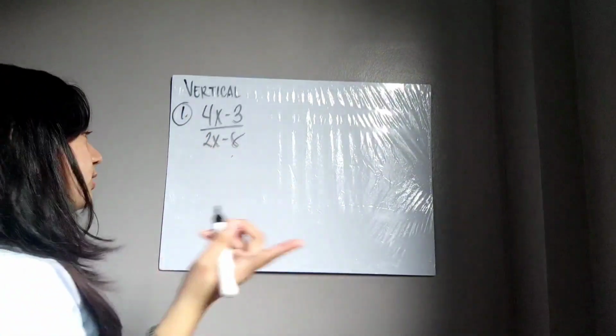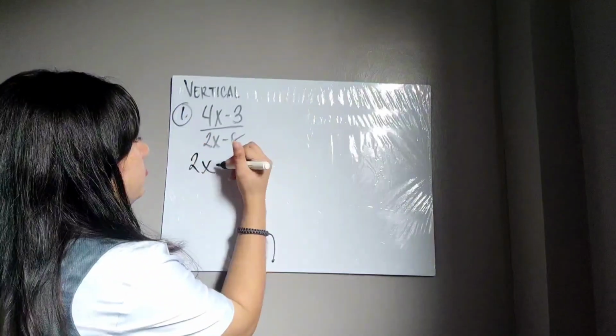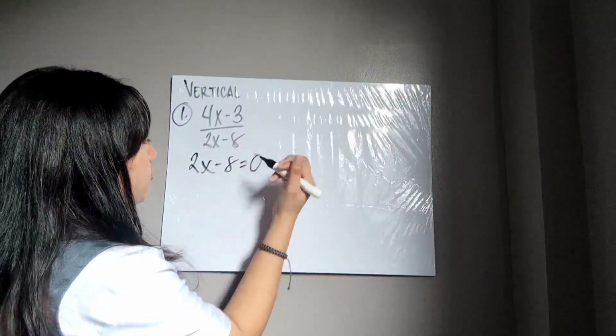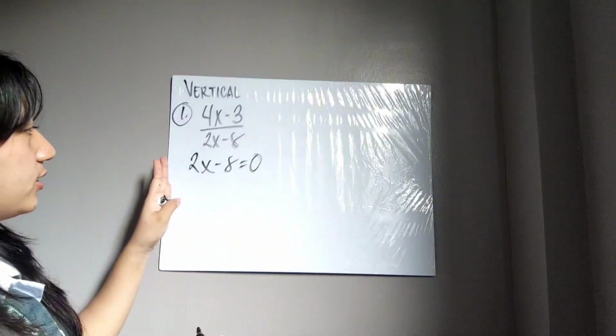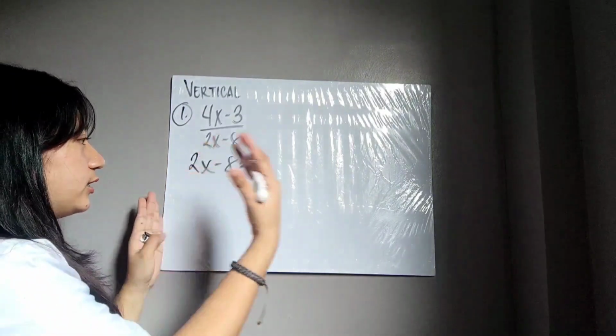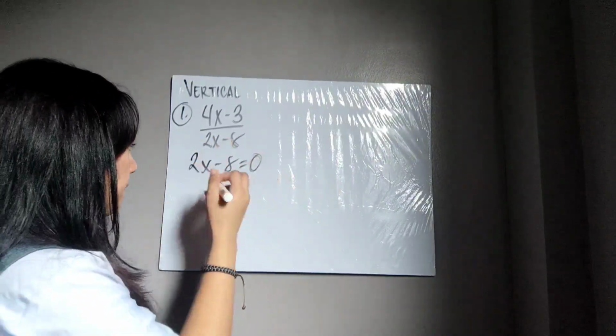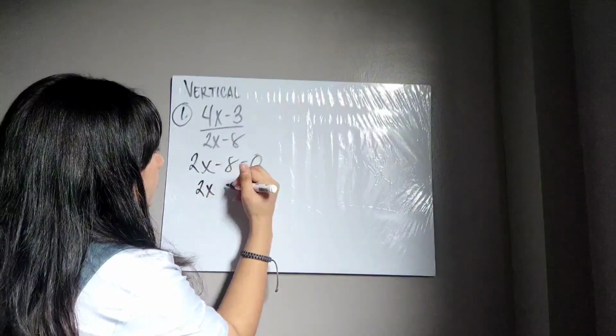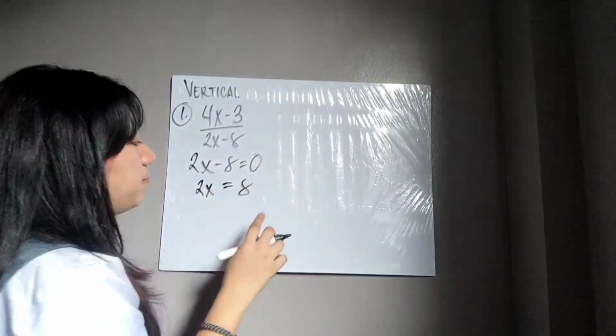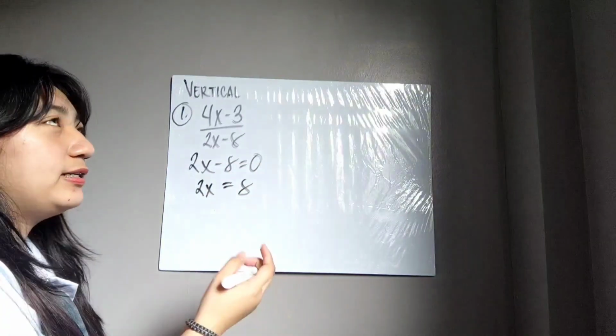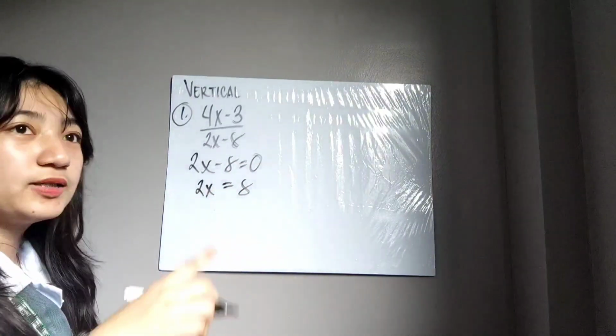Solve natin yung denominator, which is 2x minus 8 is equal to 0. Dito sa left side, kailangan variable lang, and dito sa right side is number. So ililipat natin si minus 8. Magiging positive 8. Pag may nililipat tayong number, may iba talaga yung sign.